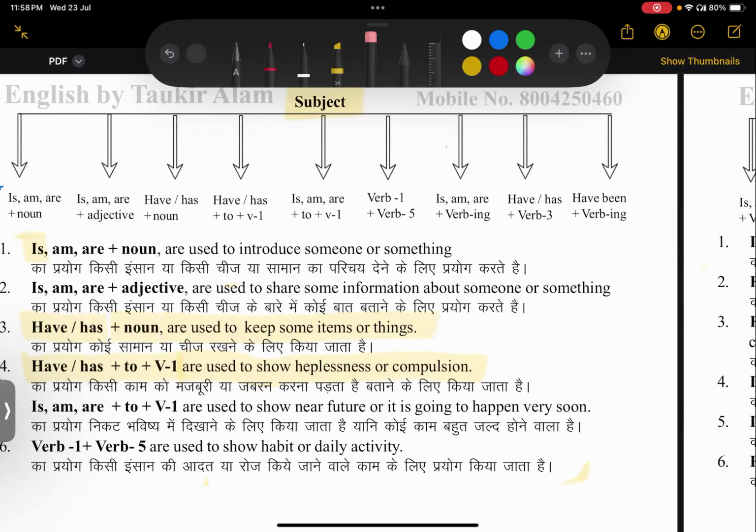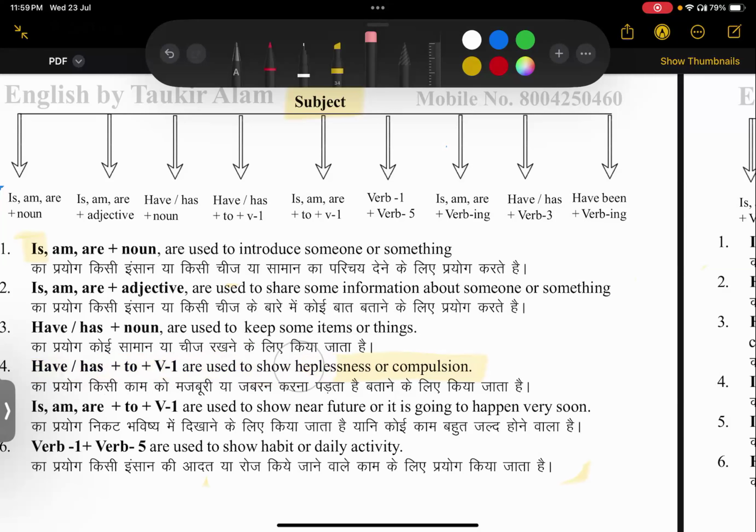Well, so I have taught you all the things where you can use have/has. The first was have/has plus noun to keep some items, a thing.